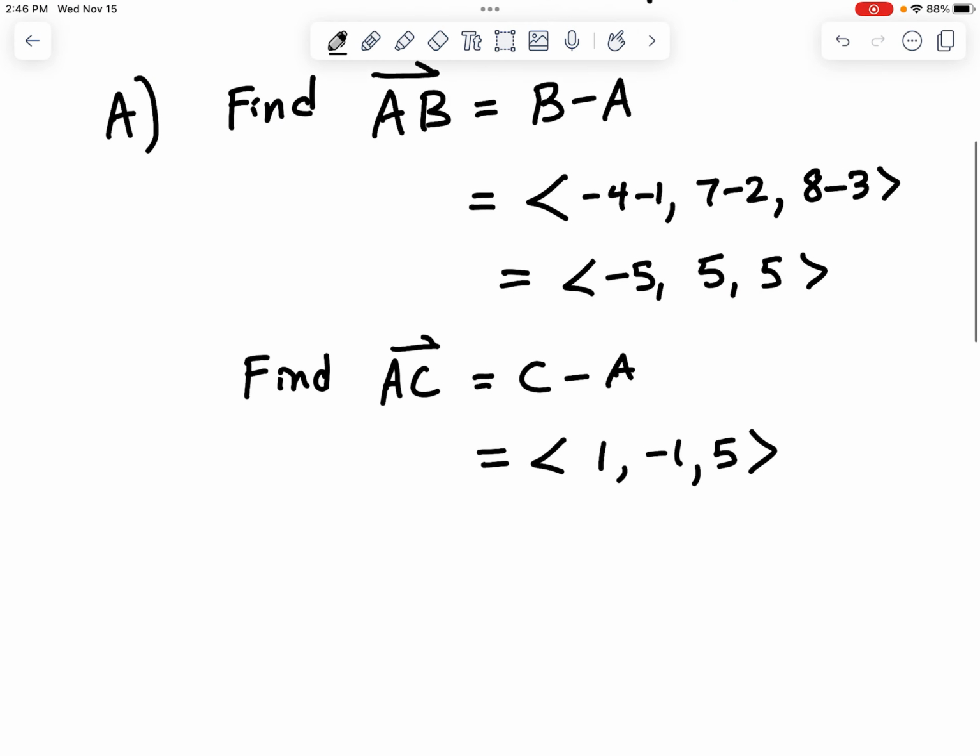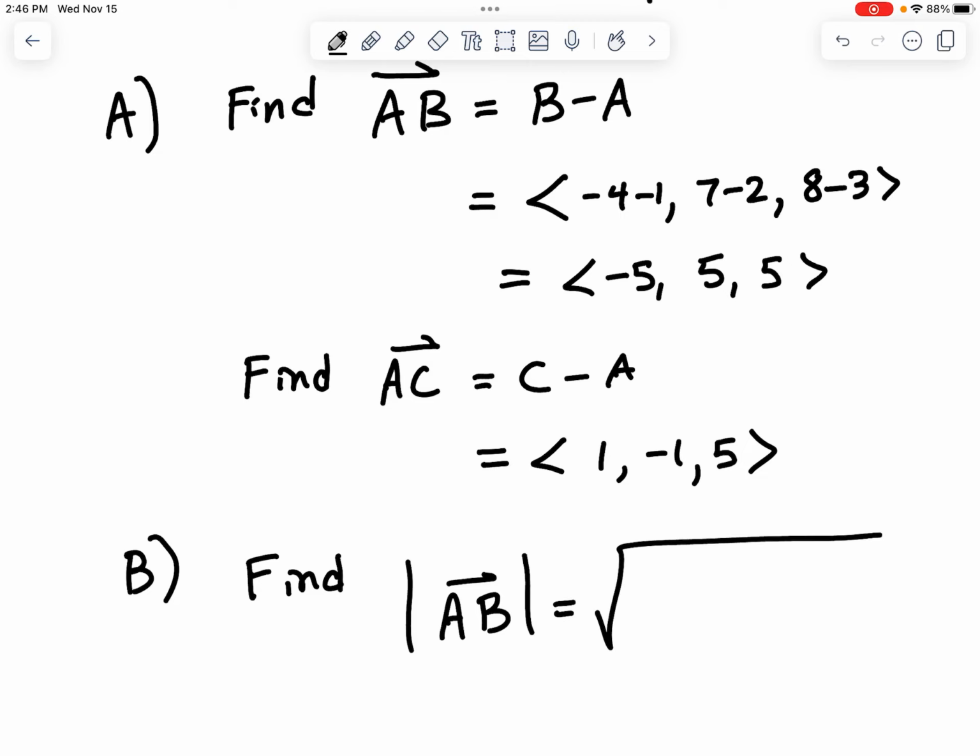So part B, find the length of the vector from A to B, which is also going to tell us the distance between A and B. So then that's going to be the square root of, and just use the components and square each one. So that's going to be, oops, not in a highlighter, in a pen.